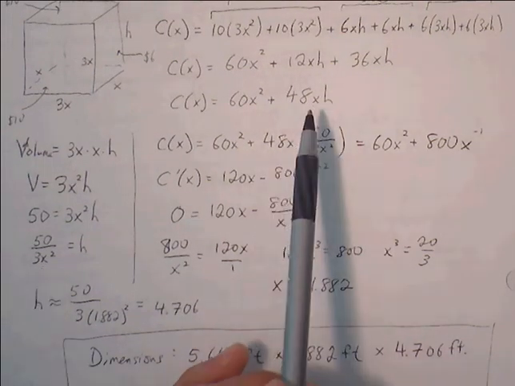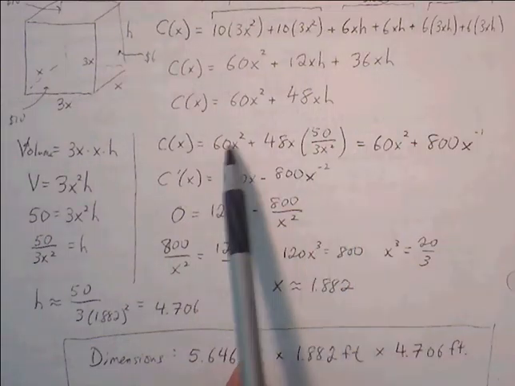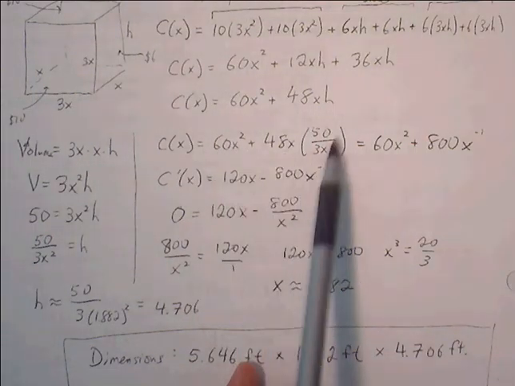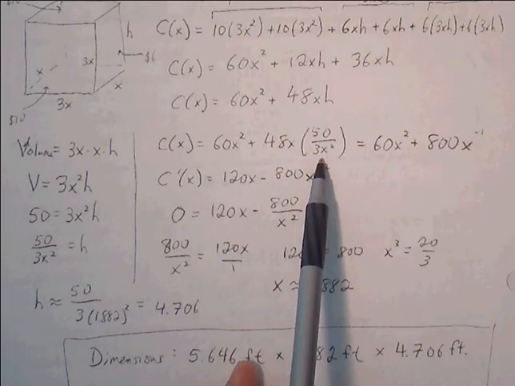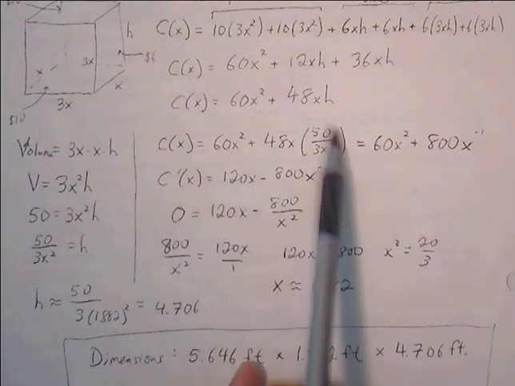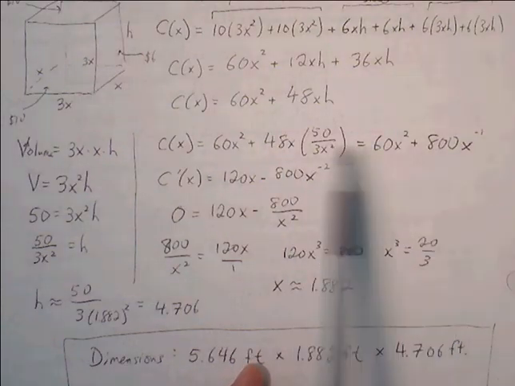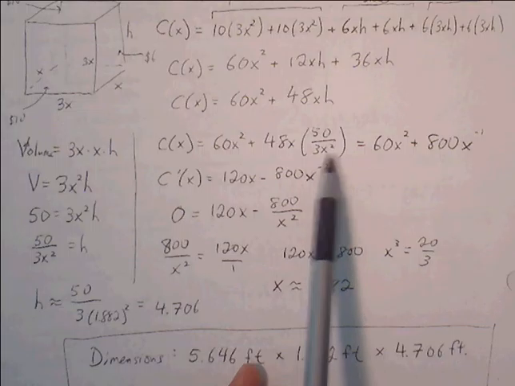Replace 50 over 3x squared in for the h of the cost equation. And now we can try and clean this up and prepare this to apply power rule. So 60x squared is ready to go. All this combines to be 800x to the negative 1 after the x squared comes up to the top.